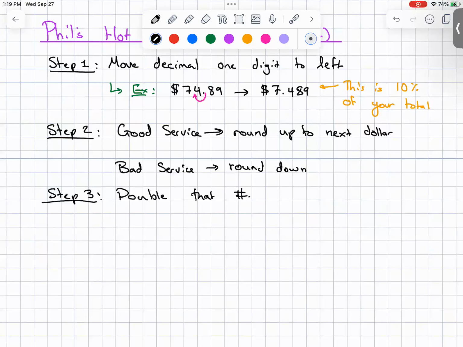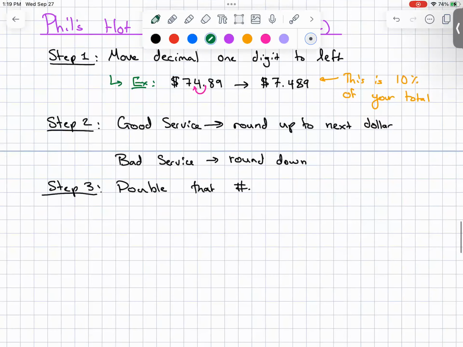But anyways, let's use this thing in action. This is one of those mental math, quick calculations.